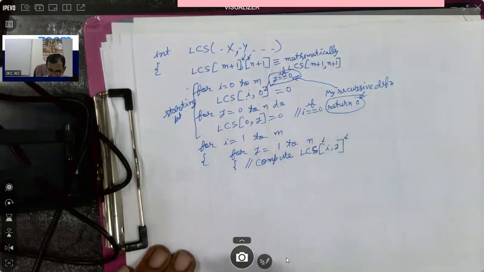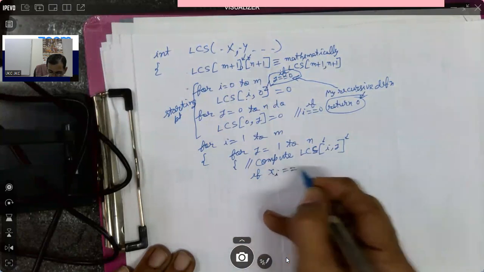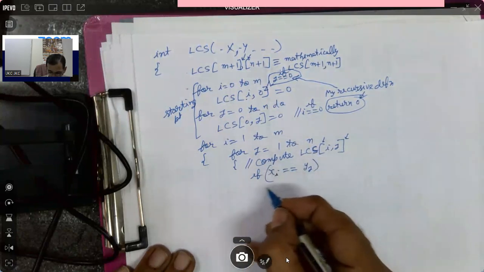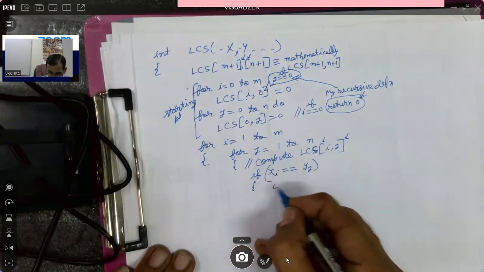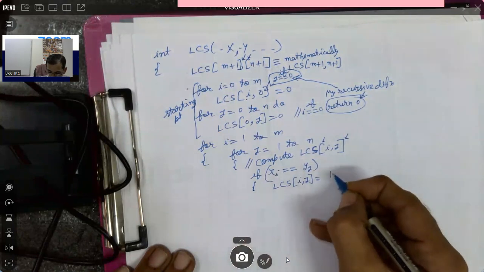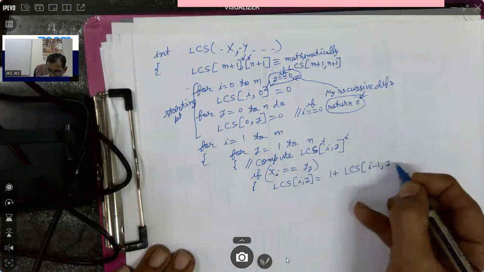It's an array. How to do? Obviously, I will say if x_i double equal to y_j, effectively it means that LCS of i, j will be equal to 1 plus LCS of i minus 1, j minus 1.